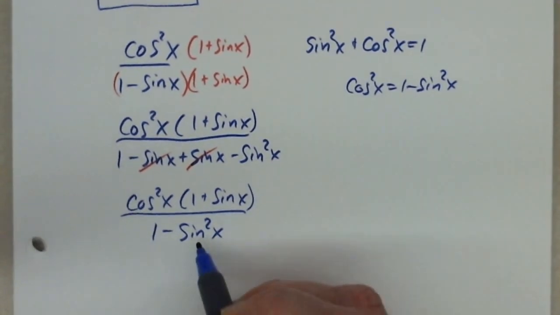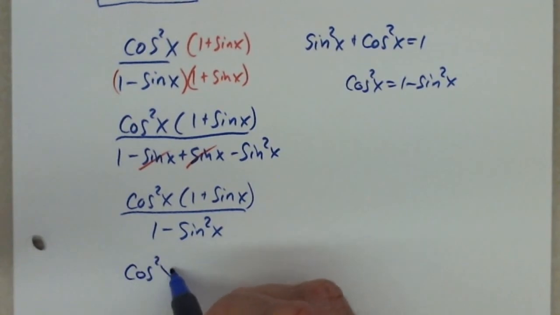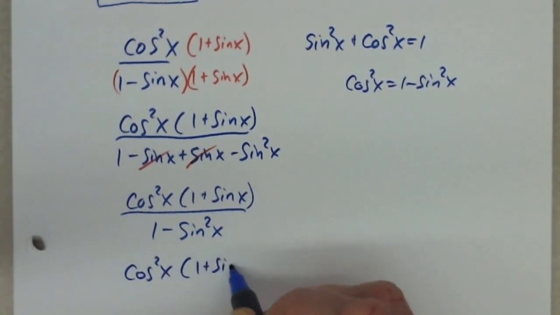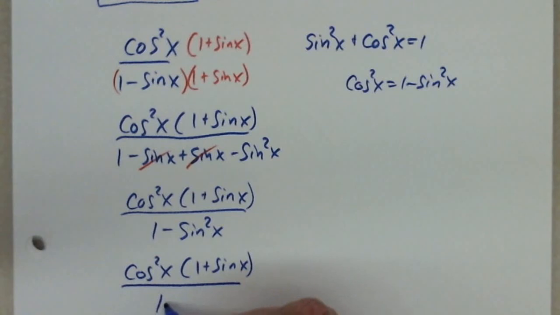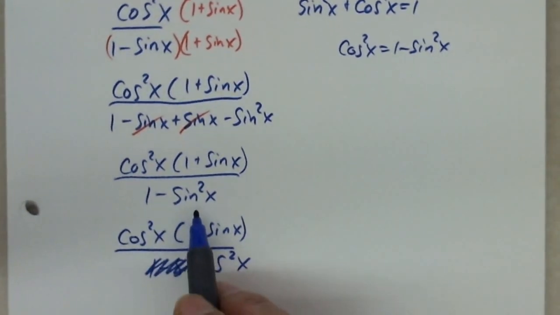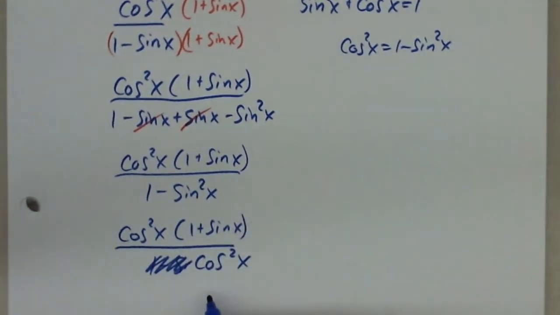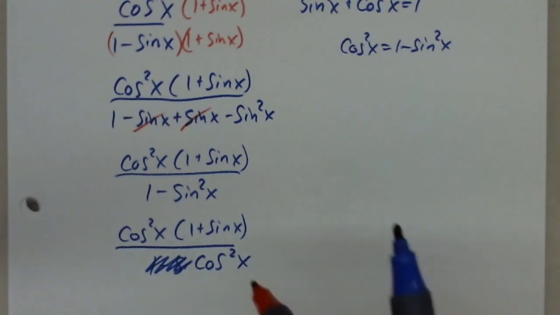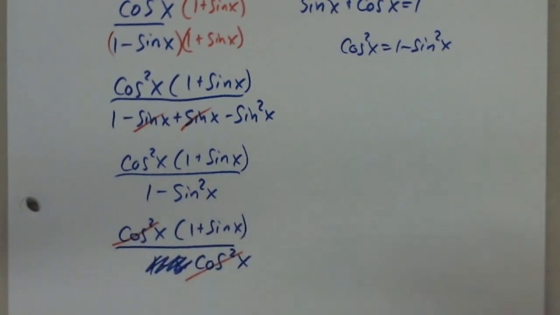So now this can be cosine squared. One minus sine squared is cosine squared. Now we have that, and we can cancel.